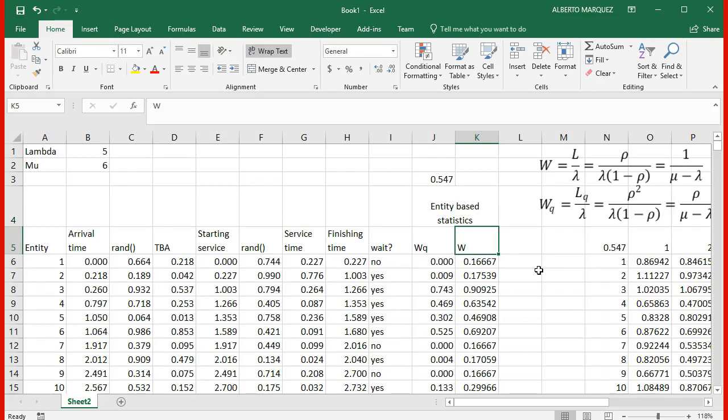The question on how do we compute the L, it's a little more tricky. And for that, we will see another video.